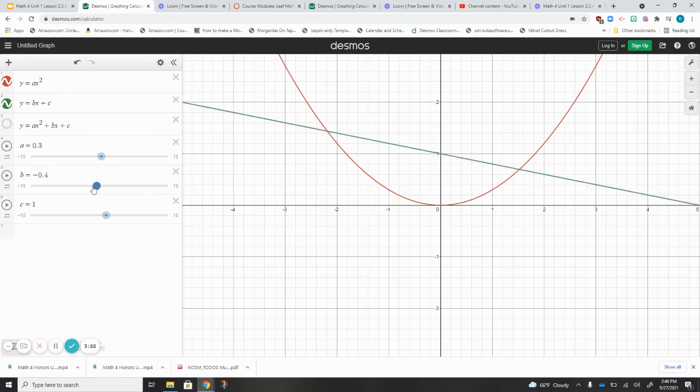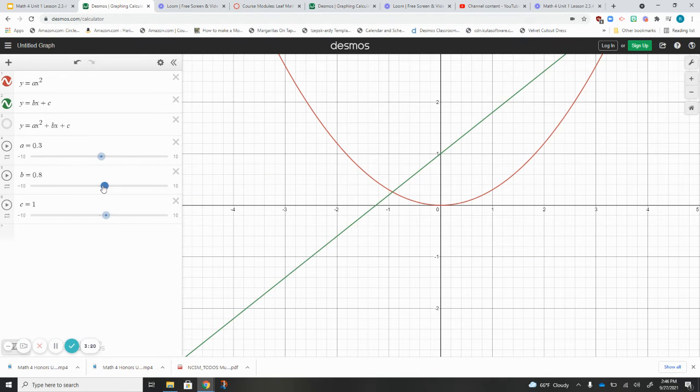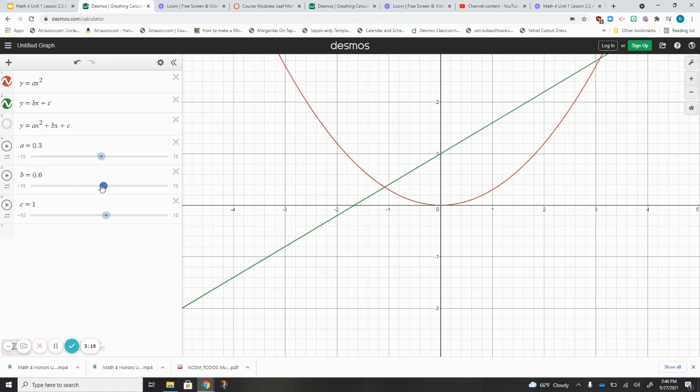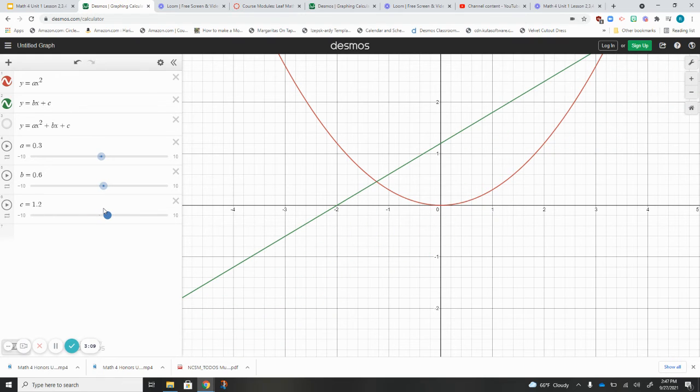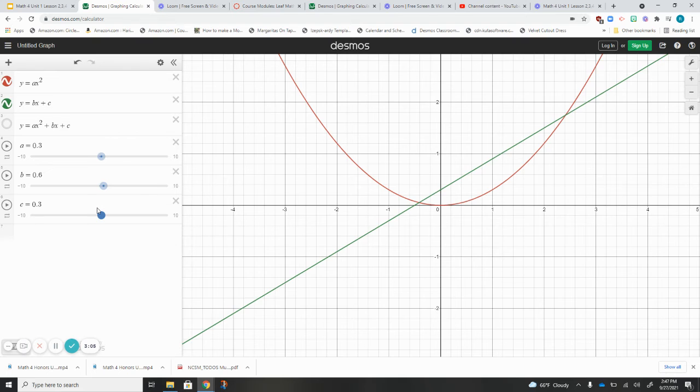And this is what happens to bx plus c when you only change b. And this is what happens to bx plus c when you only change c. So think about those elements and components and how they change, and see how that will change your final function.